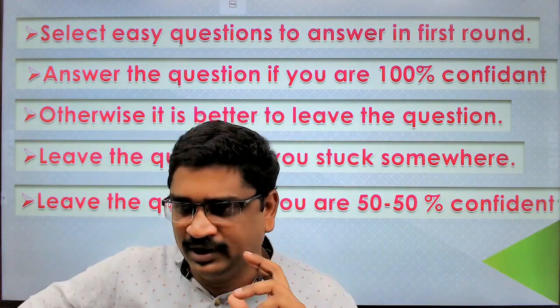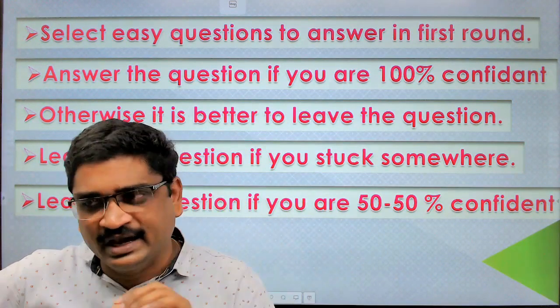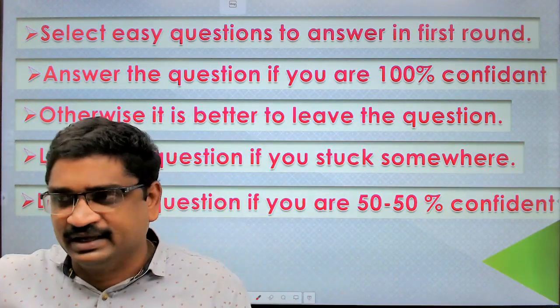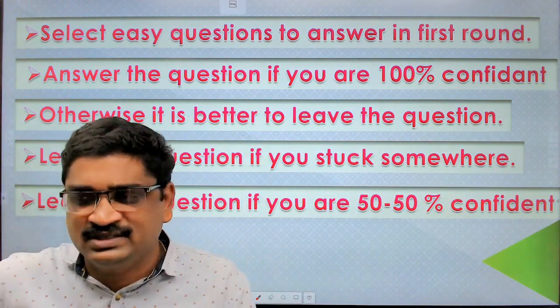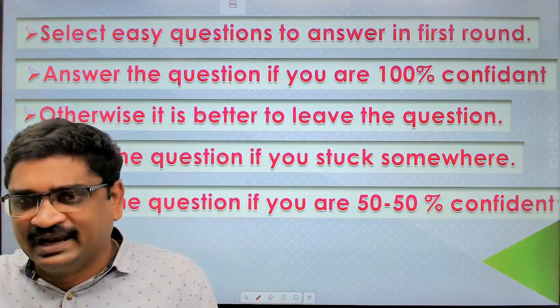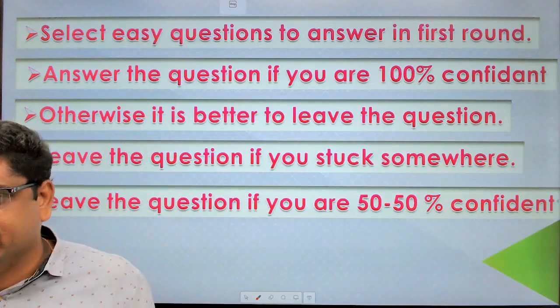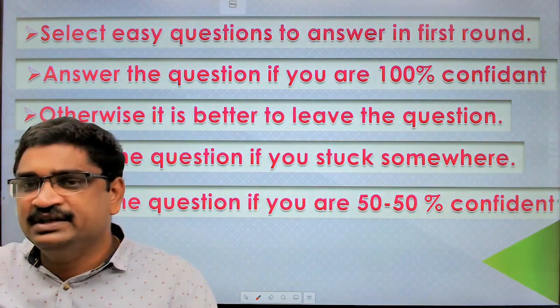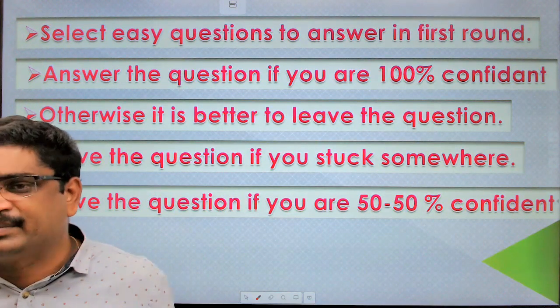If you read the first, second, and third questions on one page, just select the easy question among those three. No need to answer in order. You have to select easy questions in the first round. Don't go number-wise.